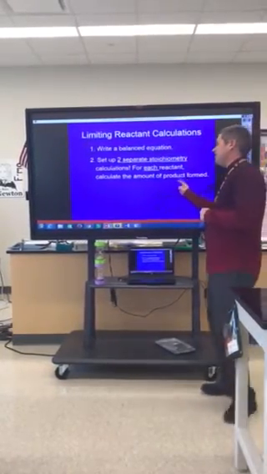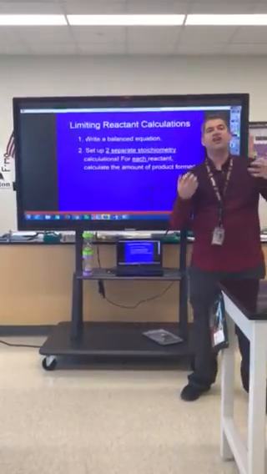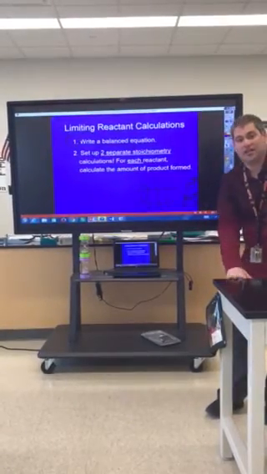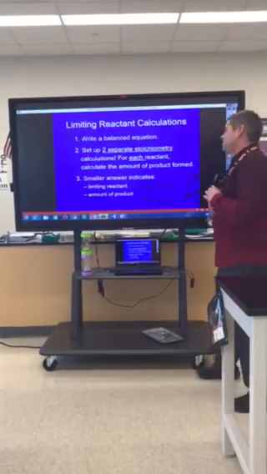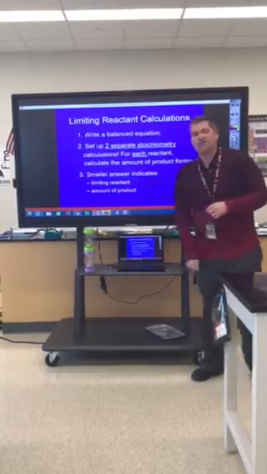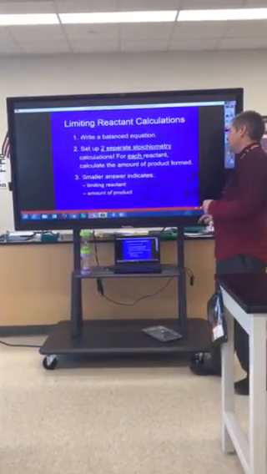For each reagent, calculate the amount of product formed, just like we did in class today and tomorrow. The smaller answer indicates the limiting reagent and the amount of product that can be produced.